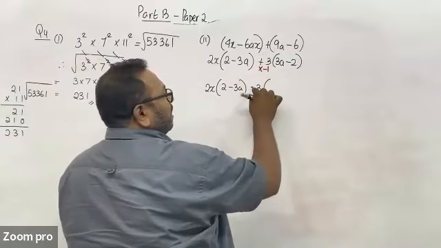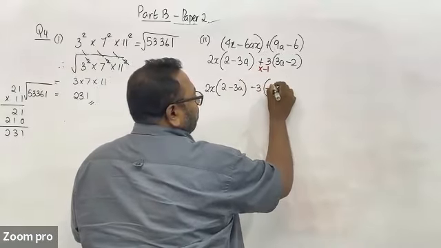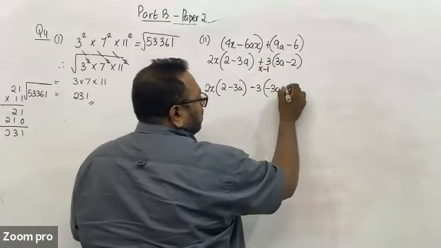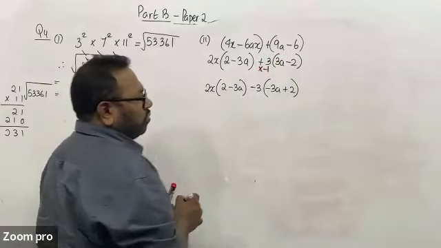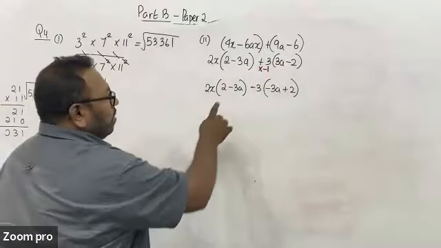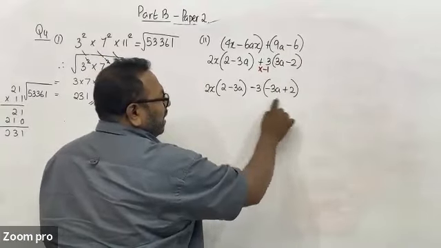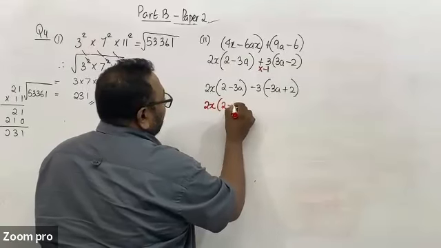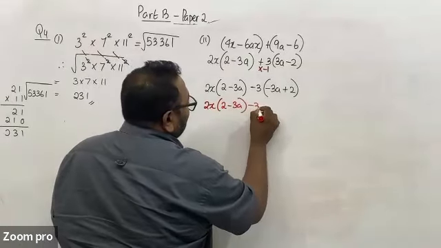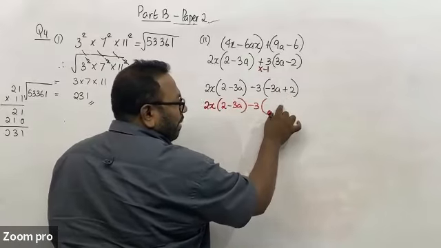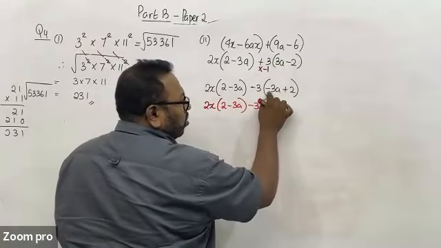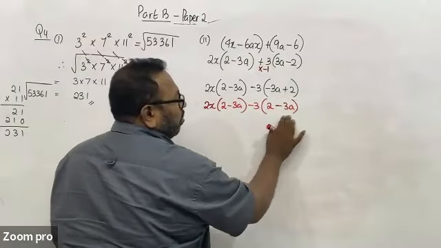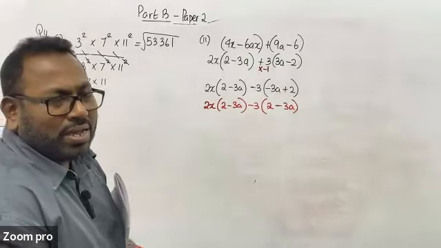So 9a divided by minus 3 is minus 3a, and minus 6 divided by minus 3 is plus 2. Look at these. Both are the same. I'm going to rewrite this: 2x, 2 minus 3a, minus 3. I'm going to take the plus 2 in front, so 2 minus 3a. Can you see? Both the terms inside the brackets are the same.